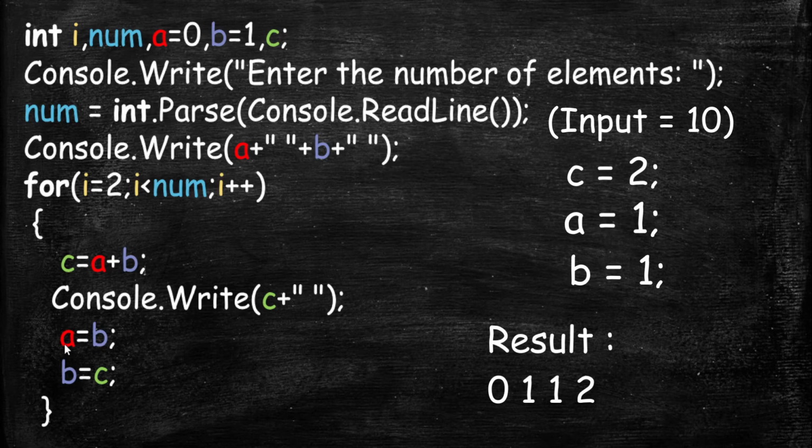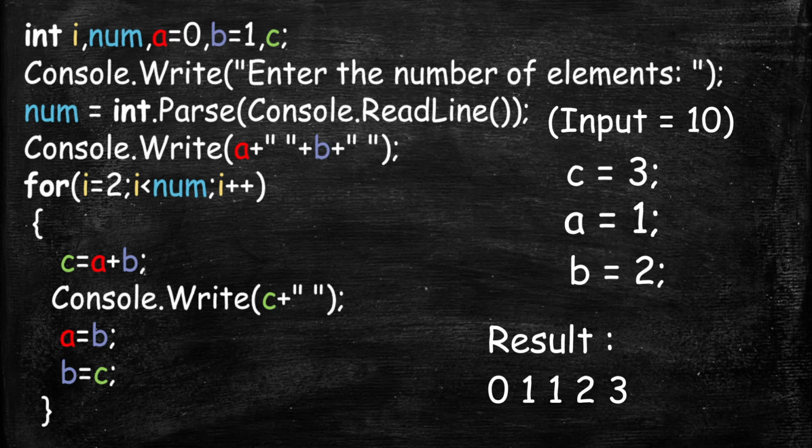And then a is equal to b, which is 1. So a will become 1. And b is equal to c, which is now 2. So b will become 2. Now the next time this runs again, a plus b will be 1 plus 2, that gives us 3, and then we will print 3 here. So our result will become 0, 1, 1, 2 and 3.